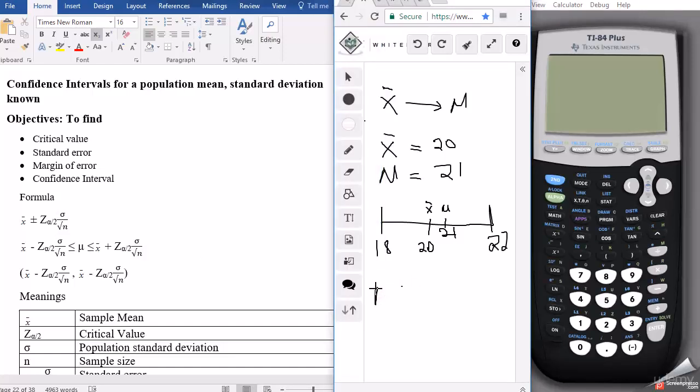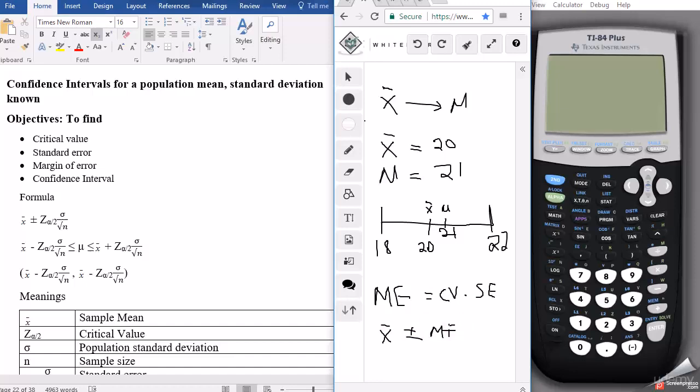So our margin of error, let's call it ME, is equal to the critical value, let's call it CV, times the standard error, SE. Therefore, the confidence interval is going to be x bar plus or minus the margin of error, ME.